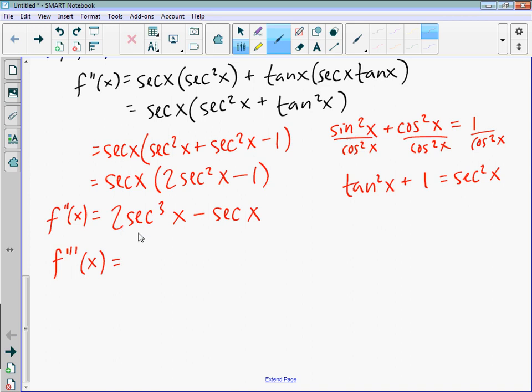So our derivative of this, you'd pull the 3 down, right? The cube down, it'll turn it into 6, and then it's secant what? Squared. But then don't forget that secant of x is your inside function here, right? So what's the derivative of secant? Secant tangent. And then minus, and derivative of secant again is secant tangent.